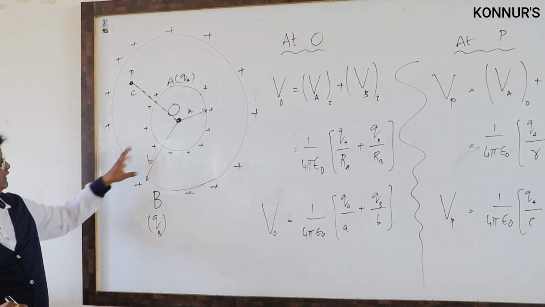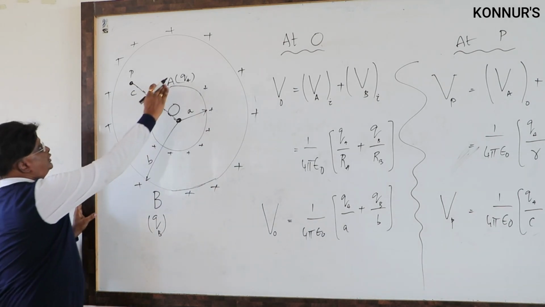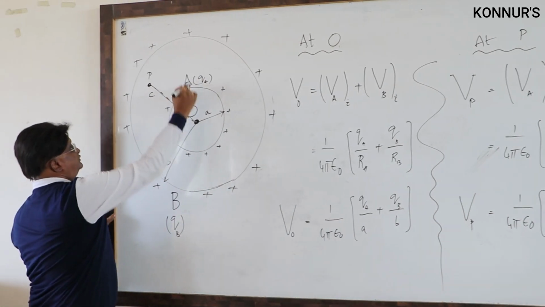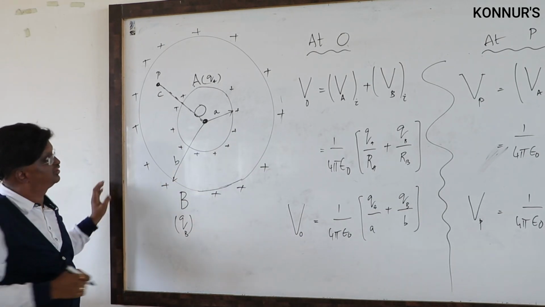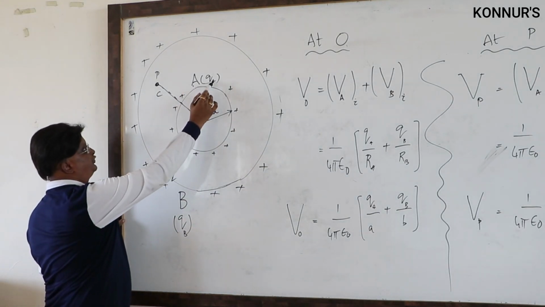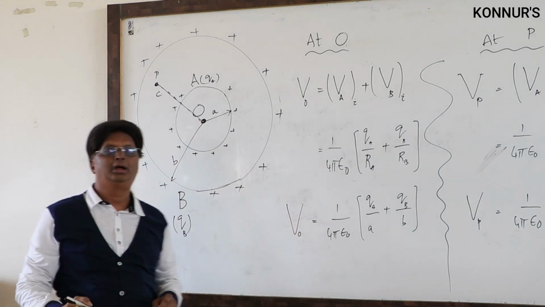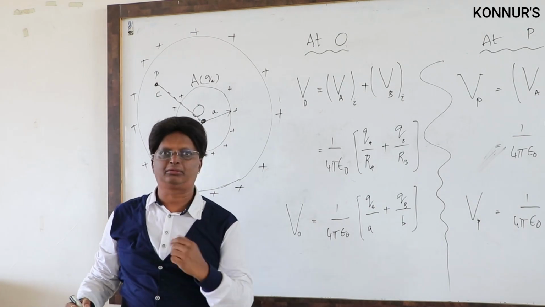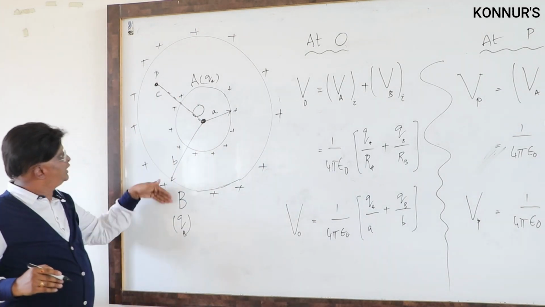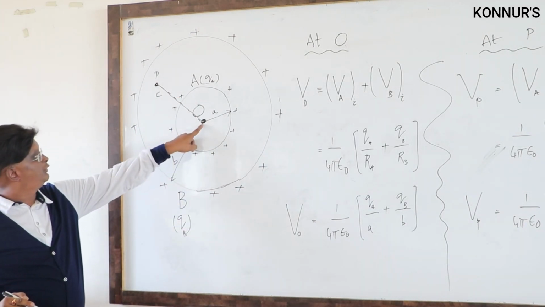See this example. A and B are two concentric shells and both are charged. Charge on A is QA. I am not giving numerical values, I am giving you the symbols. If numerical values are given, you can do the calculation as well. O is the common center.